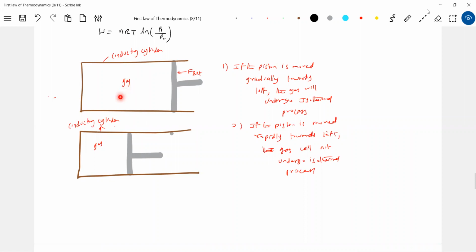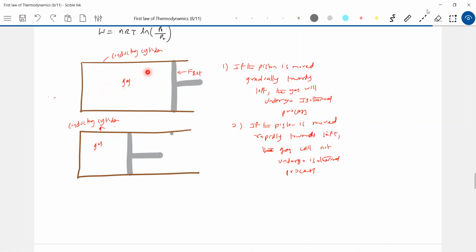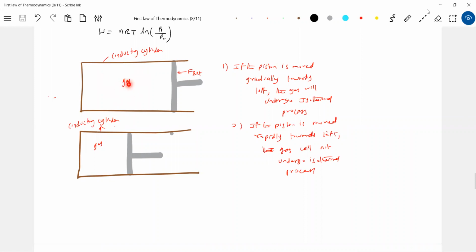Otherwise it is not possible. The gas will not determine what process it will undergo. The external agent defines what process the gas should undergo. Are you getting it? We think that gas is dynamic, but it is some sort of lifeless matter. The external agent determines the process.